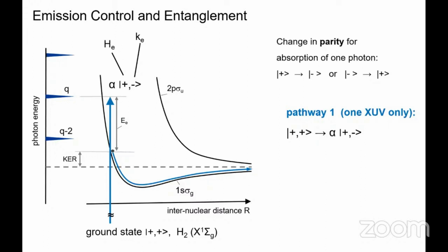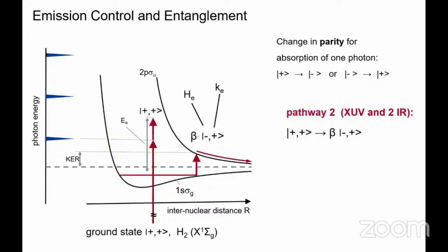And I told you we cannot distinguish this pathway from that pathway, where we absorb again one XUV and two IR photons in addition, one on the photoelectron and one on the H2 plus. And if you do the same scheme now, then you end up in a final state. You just have to count the parities here by photon steps.